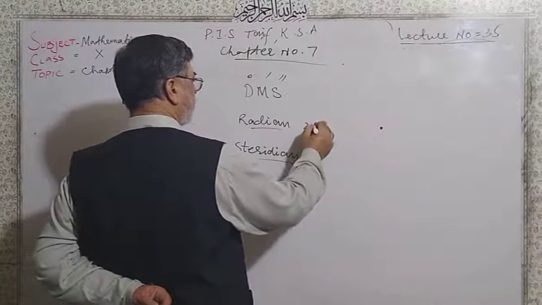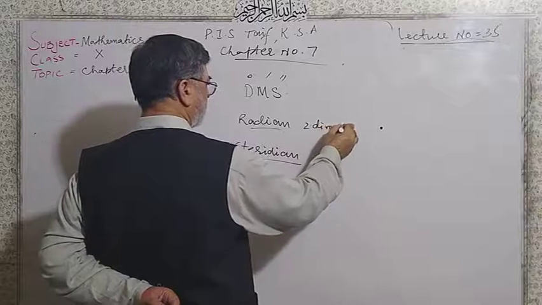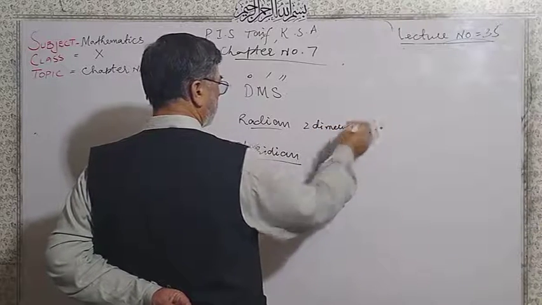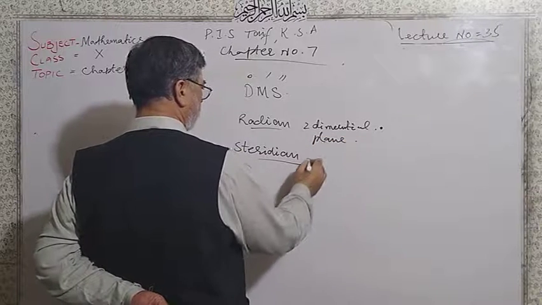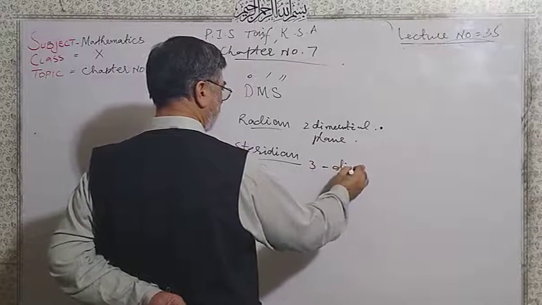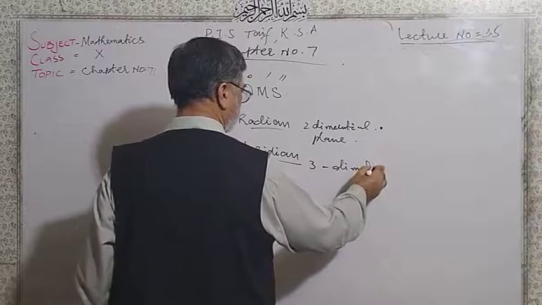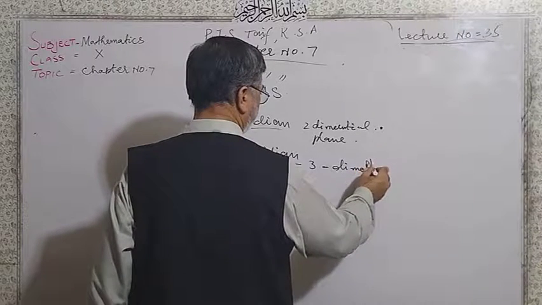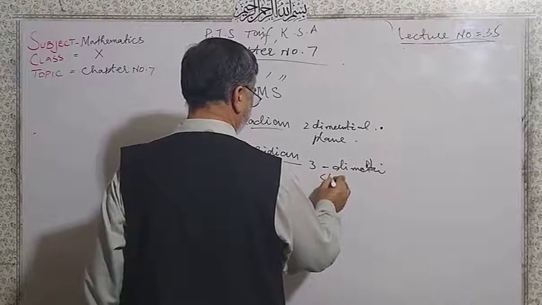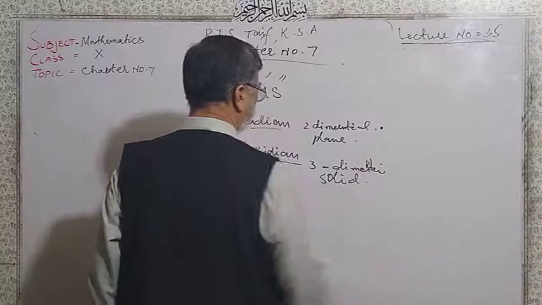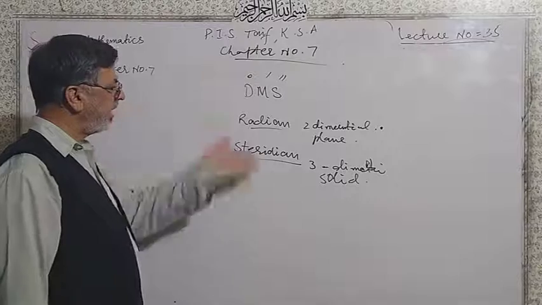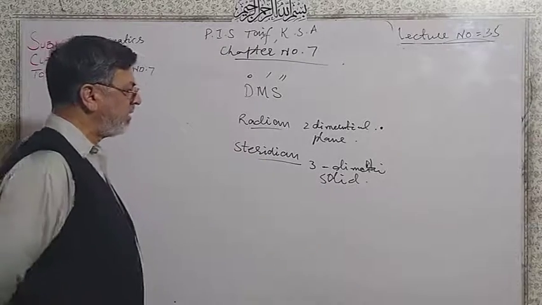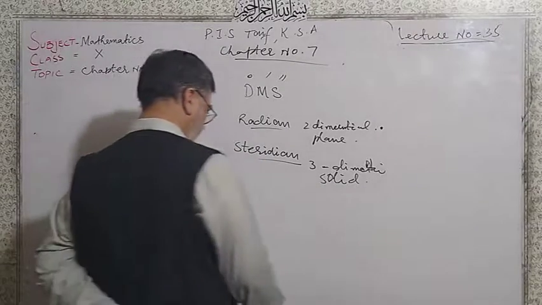This is a two-dimensional angle, the plane angle. This is a three-dimensional angle, and this is the solid angle. Remember that radian is the two-dimensional angle, the plane angle, and steradian is the three-dimensional angle, the solid angle.